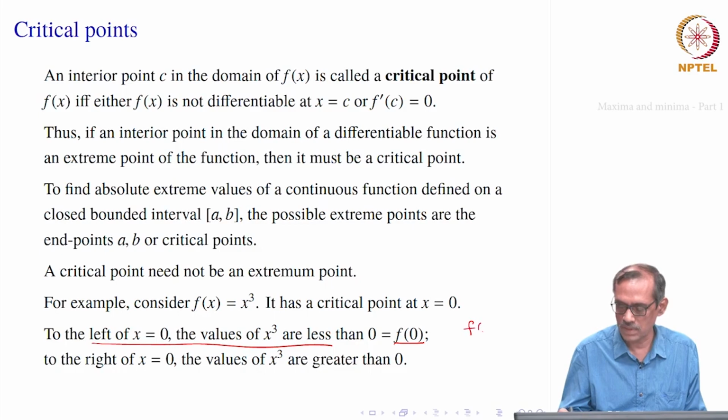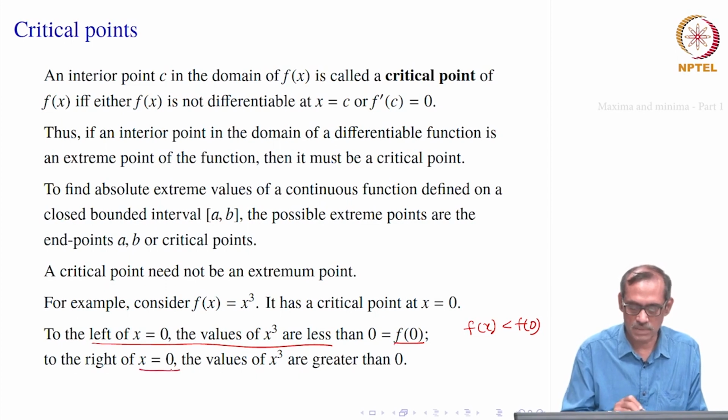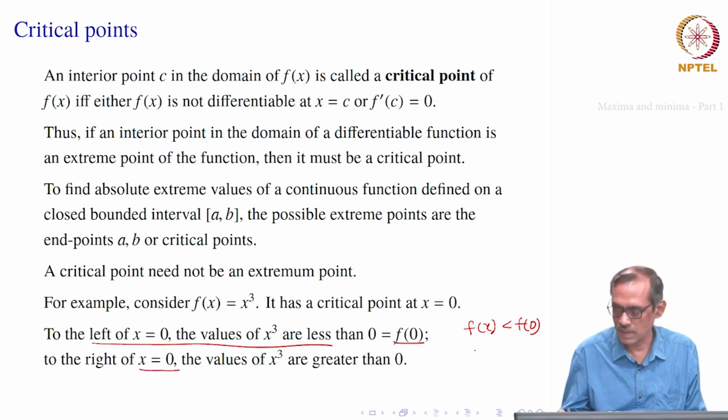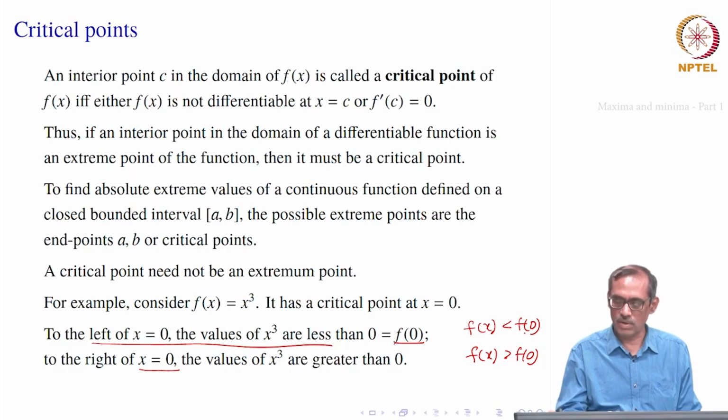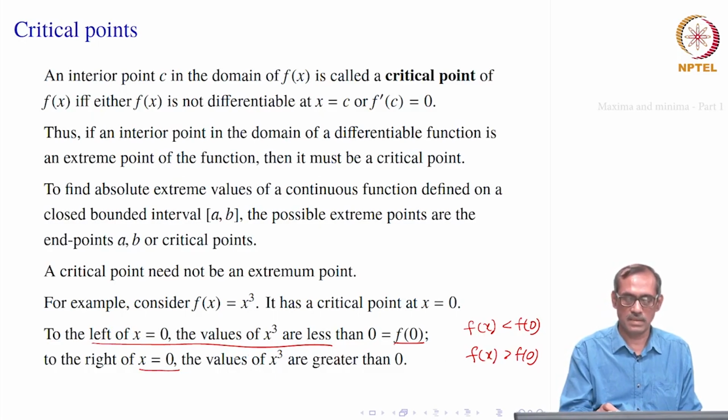We say to the left every f x is less than f of 0, and to the right x is positive. So, x cubed is positive, then you see that f of x is bigger than f of 0. Okay. So, that means f 0 is neither a maximum, because there are values to the right of it which are bigger. Nor a minimum, because there are values to the left of this which are less than that. So, it is neither.